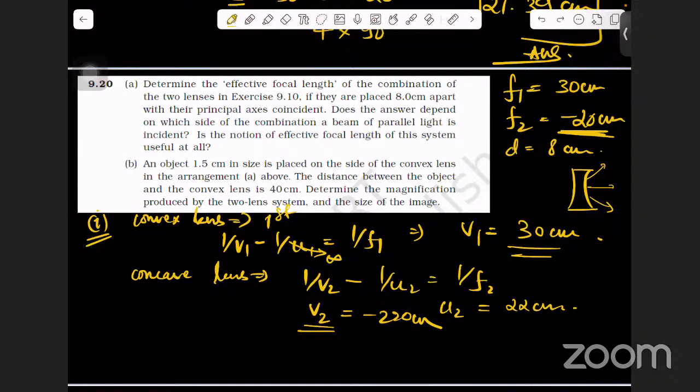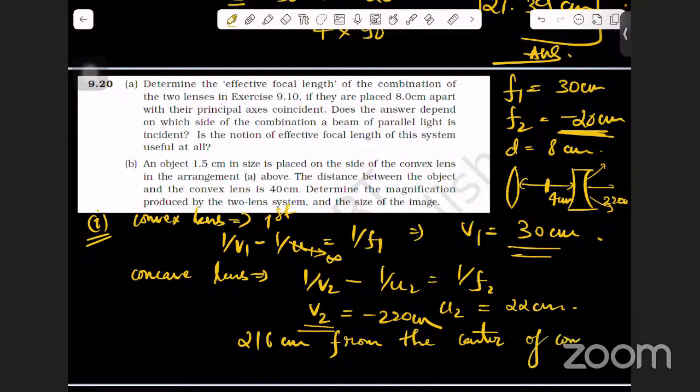And from the center point, this is 8, so in between it will be 4 centimeters. So it will be 216 centimeters from the center of the combination.